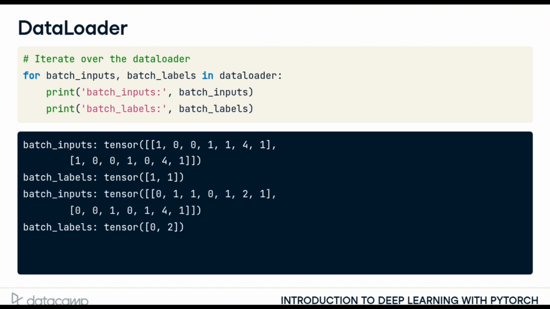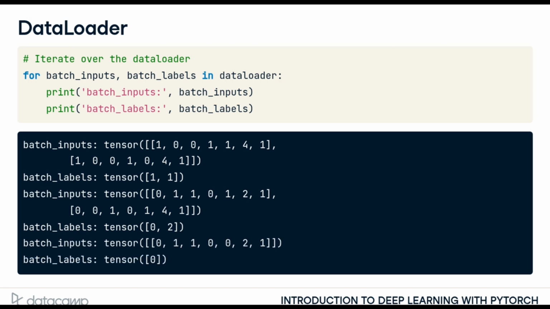On the second iteration, 2 more samples are randomly selected with their labels. Finally, the last remaining sample is returned. Since our dataset has an odd number of samples, the last batch contains just 1 item. In real-world deep learning, datasets are much larger, with batch sizes of typically 32 or more for better computational efficiency.